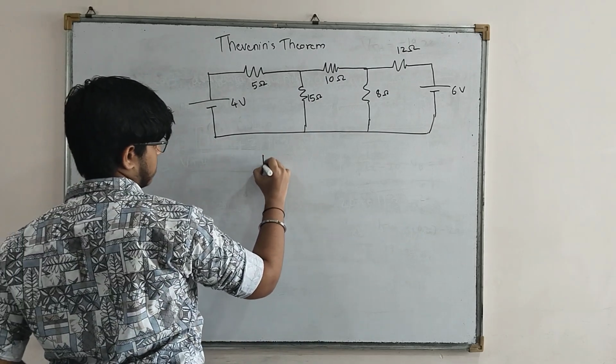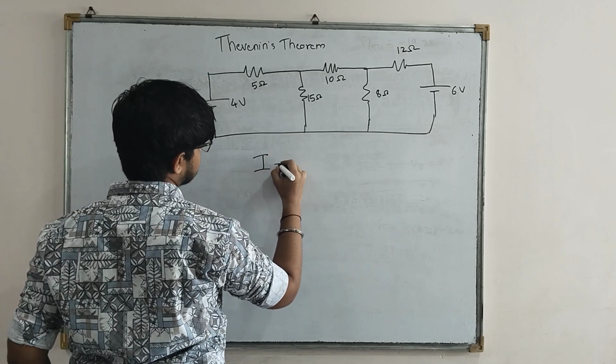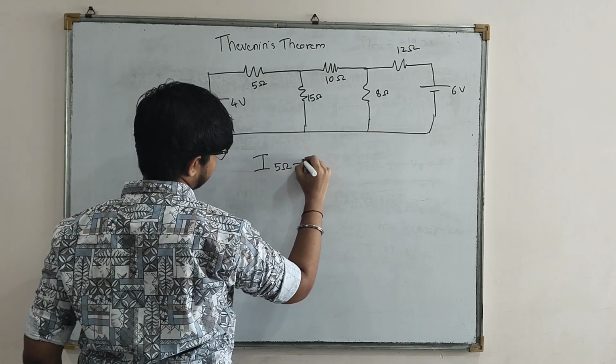So my question is to find current through the 5 ohm resistance.